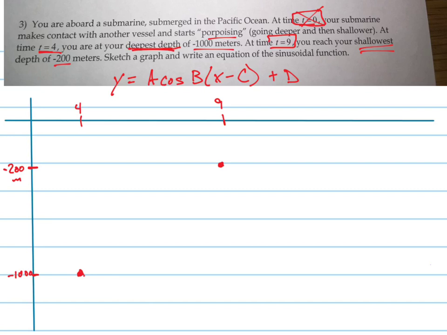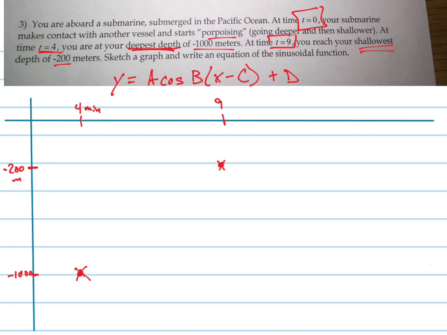It doesn't really matter what happened before at time t equals 0. Like I said, that kind of was throwing you off a little bit because at that point you hadn't really started your sinusoidal motion. Your porpoising motion happened starting at 4 minutes or whatever that value is. And then you went here.